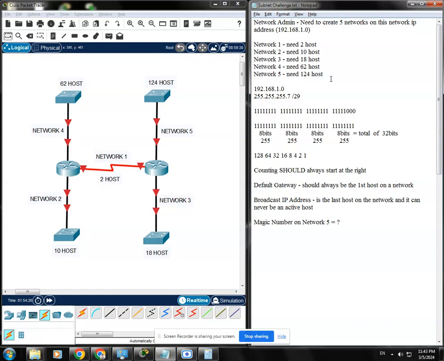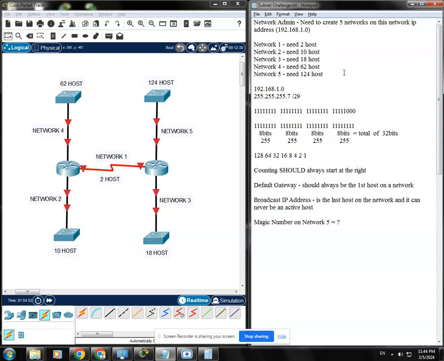Okay, that's the technique. On this network 5, it says we need to have 124 hosts. But the network admin did not say whether the network IP address and broadcast IP address are included or not.